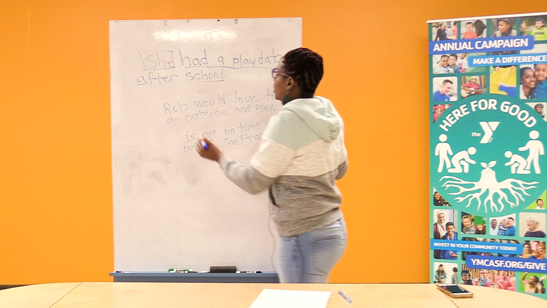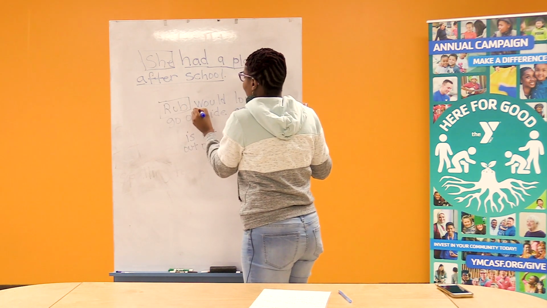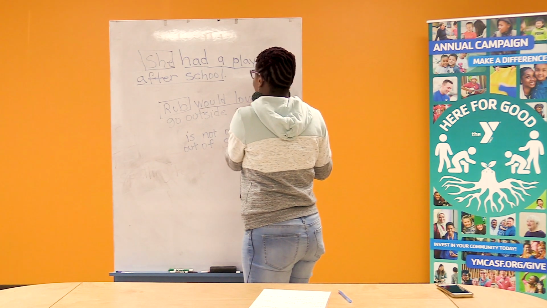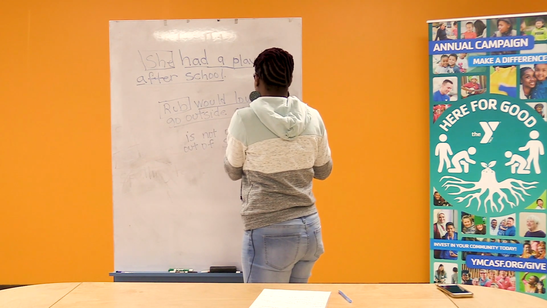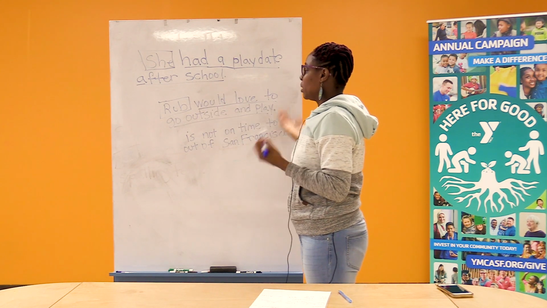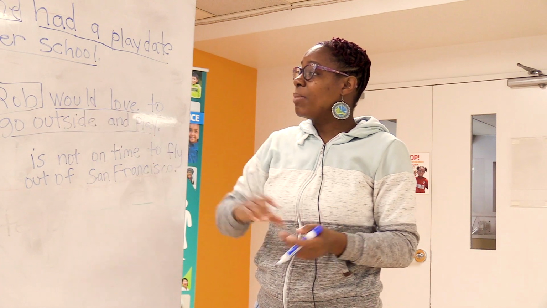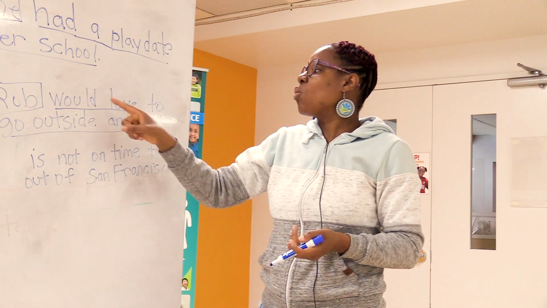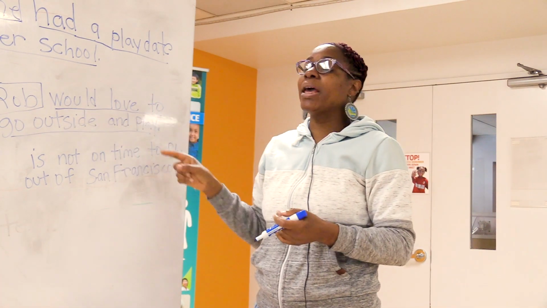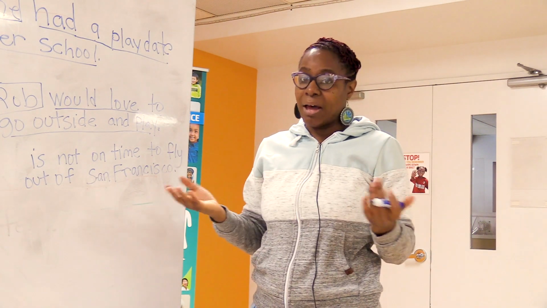I'm just going to put a rectangular shape over Rob, and then I will underline the predicate part of the sentence. Rob would love to go outside and play. As you can see, I have my subject matter, which is Rob, and I have my predicate matter, would love to go outside and play, which makes our sentence complete or a complete thought.